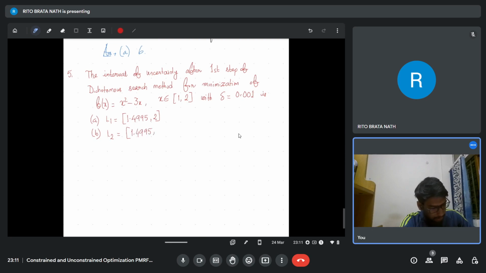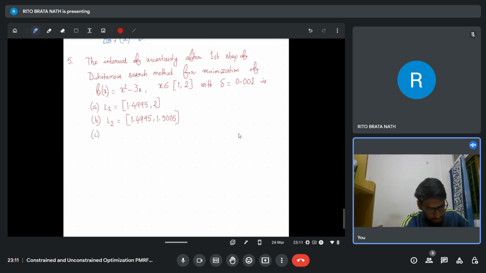Actually, the first one also should be L2, because we don't deal with L1s anywhere in the dichotomous search method, since it's the even numbers that we deal with, right? So this is another one.